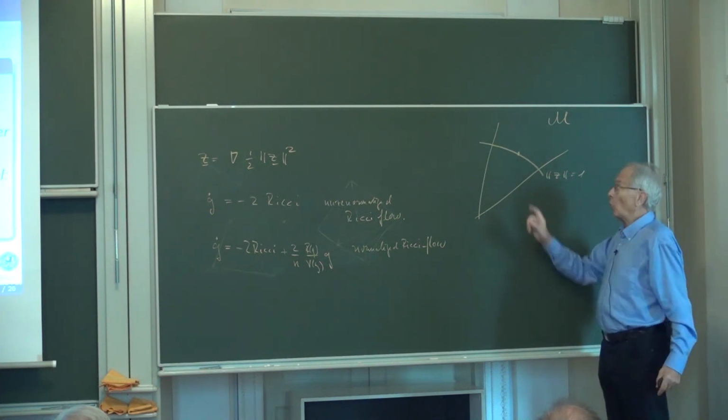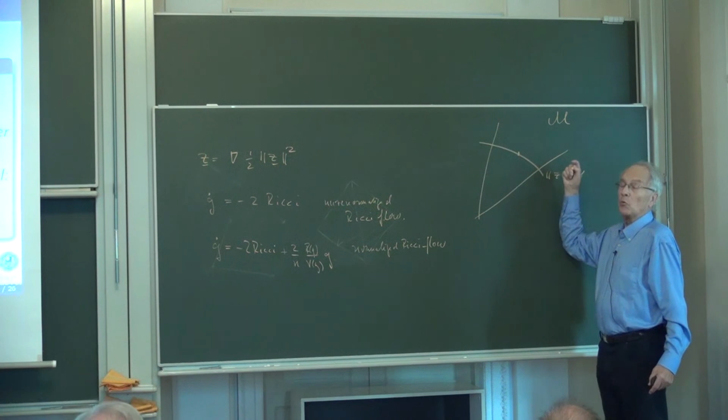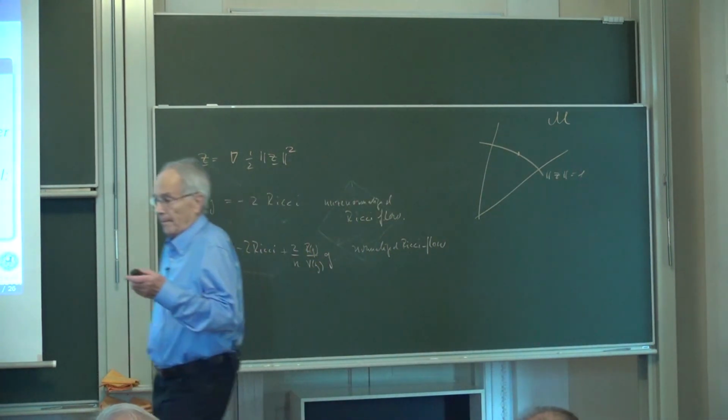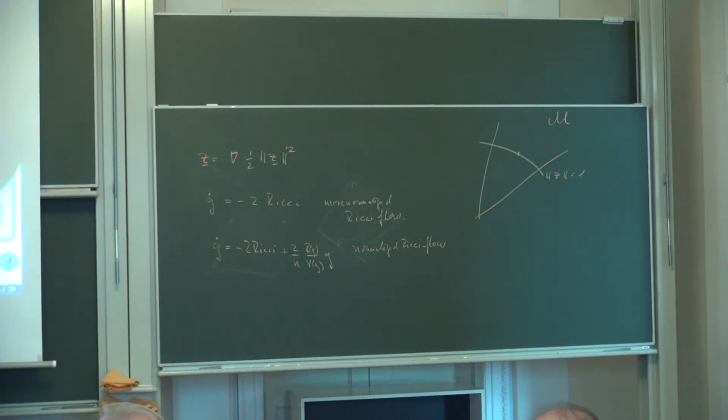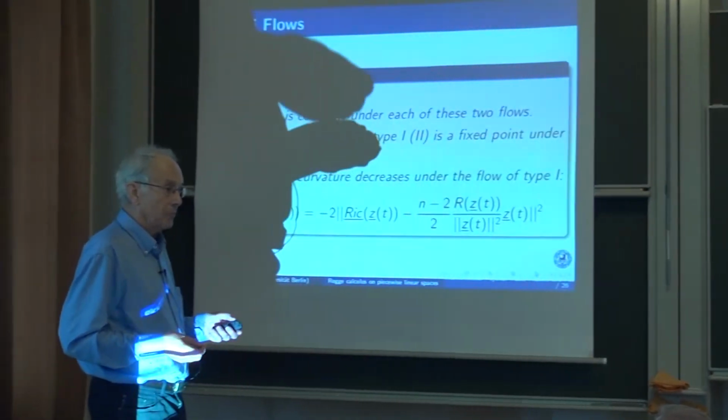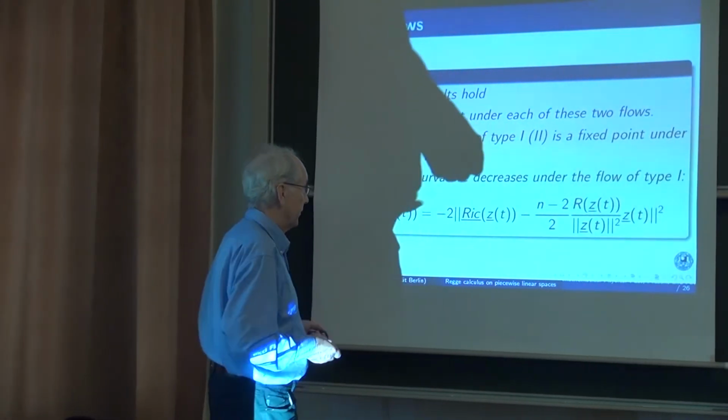Or if it's a maximum, it will go away from it. So this is a program of trying to develop a new tool that might help in problems in differential geometry.